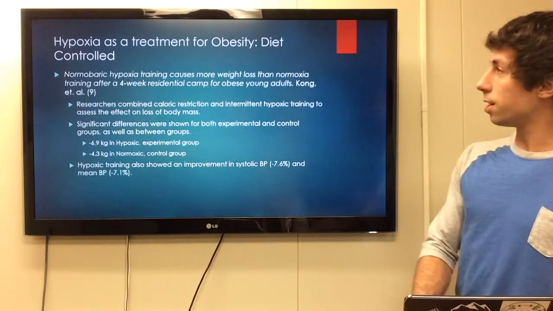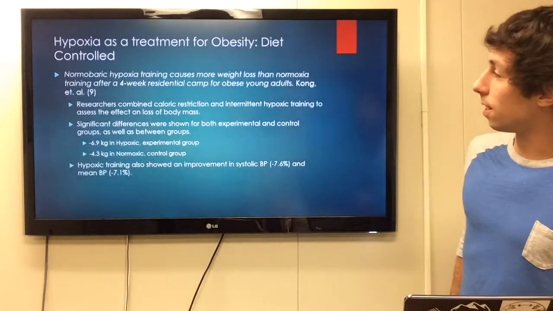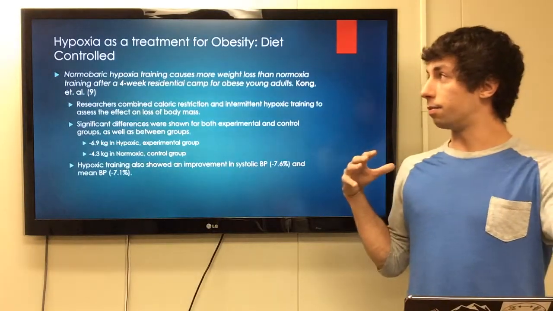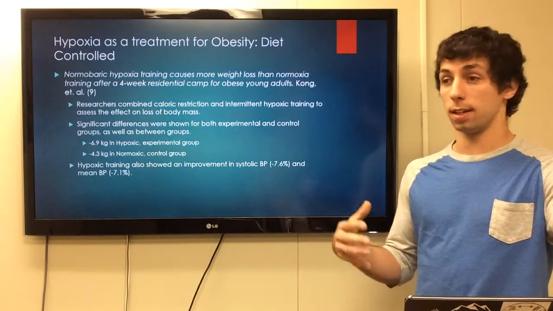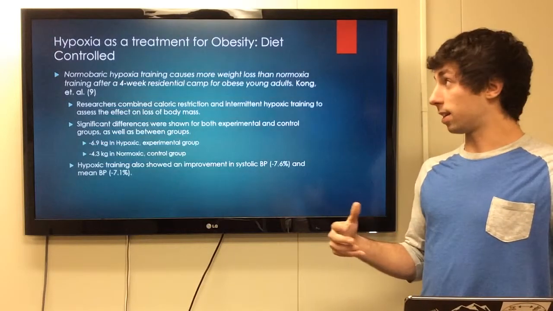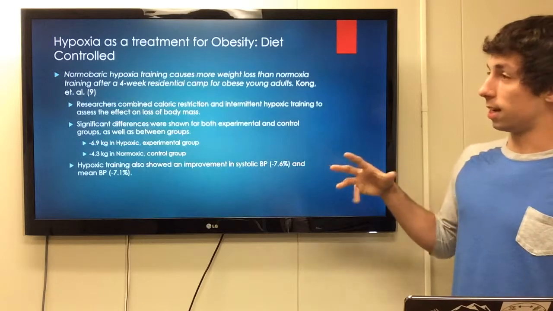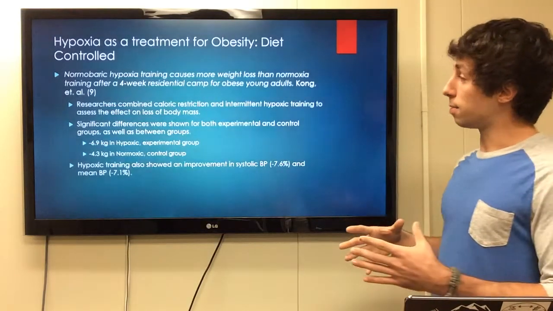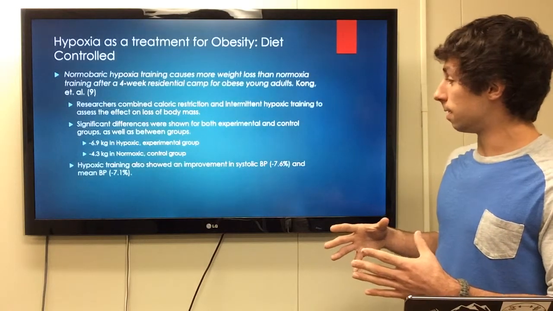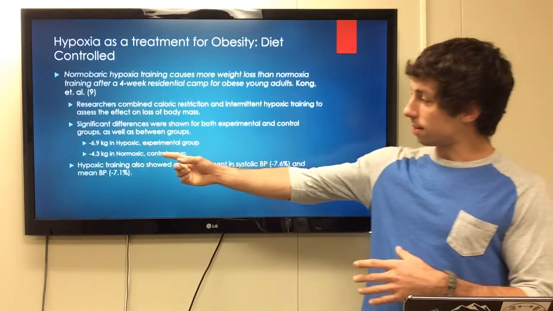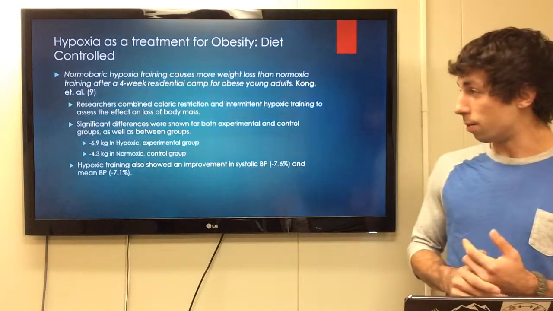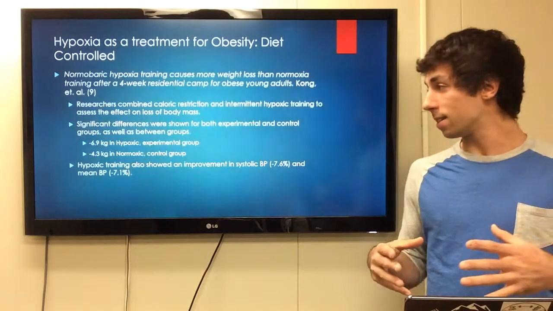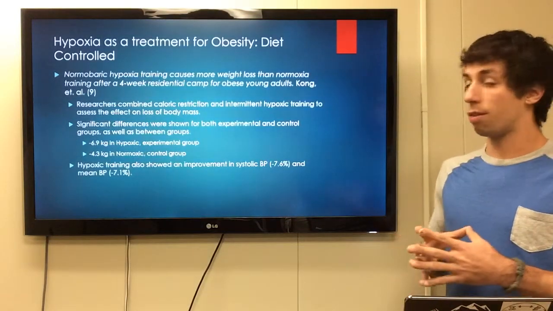And more research here, so Kong et al. This is more along the vein of where I'm getting at, using simulated normobaric hypoxic conditions. Kong et al. showed that in simulated altitude and controlling for diet, subjects could lose 6.9 kilograms in hypoxia, whereas in normoxia, with the same controls for diet and exercise, you would lose 4.3 kilograms.